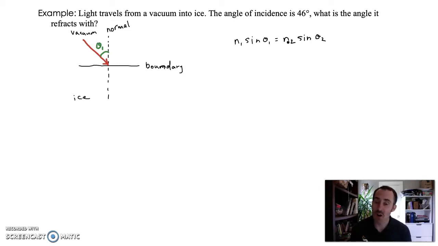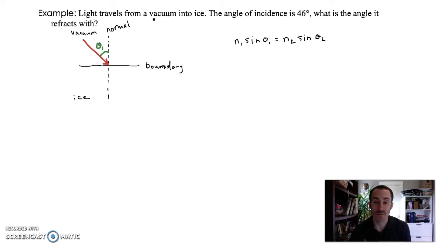Usually it's going to tell you it's going from a vacuum into ice, or from air into diamond, or something like that. And you can always look up those indices of refraction on your formula sheet. Okay, and so we have to look up n1 and n2.